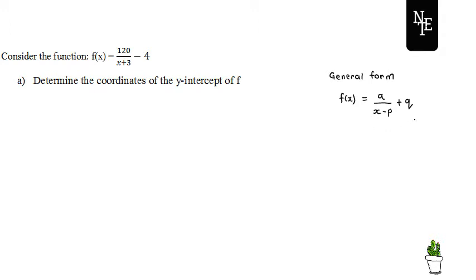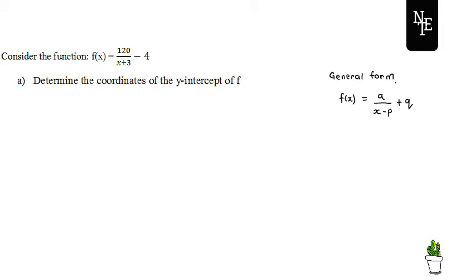So from here, we know that our a value just tells us the shape of our hyperbolic function, the q value gives us our horizontal asymptote, and the p value gives us our vertical asymptote.